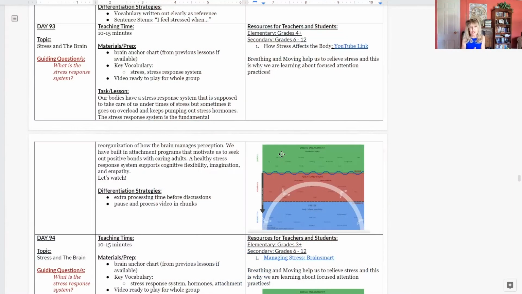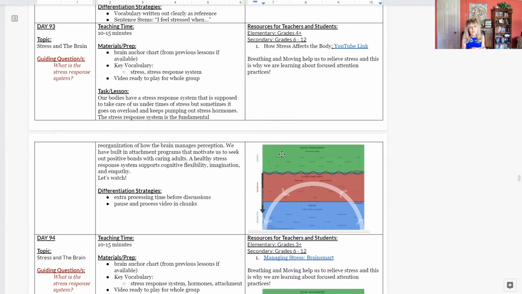So I pulled up this one, which is day 93 out of 180 days, but it's really looking at stress and the brain. And when we think about the question, what is the stress response system? Our children and youth, along with us, we need to understand what happens in the nervous system when we are experiencing chronic uncertainty or trauma.